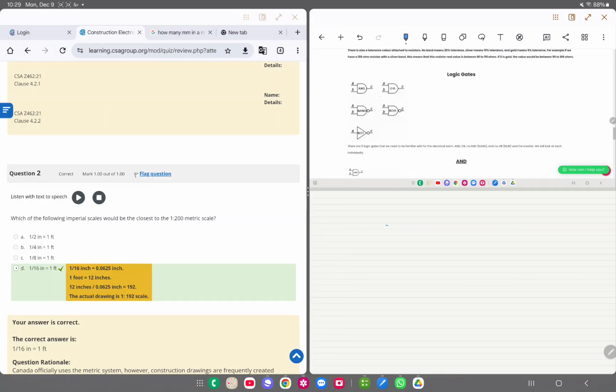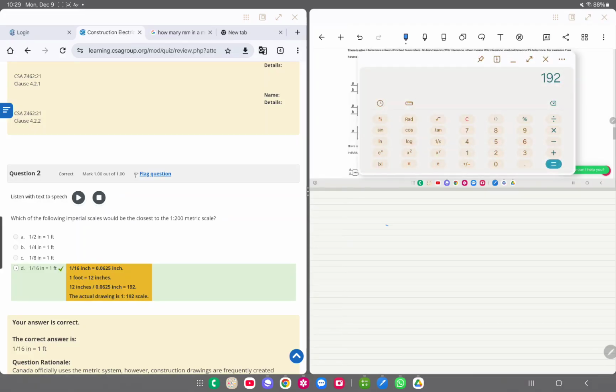So while we're here, might as well try to do all of them. 1 divided by 5 would be 0.5, half, right? So we do 12 divided by 0.2, which is 60.